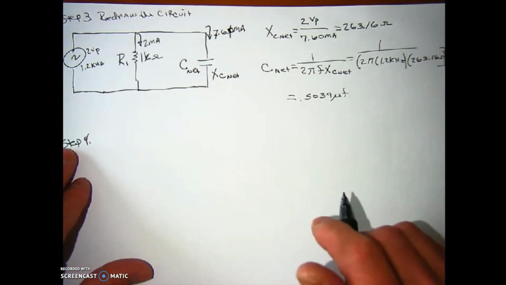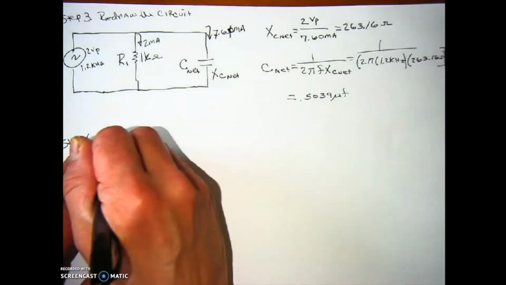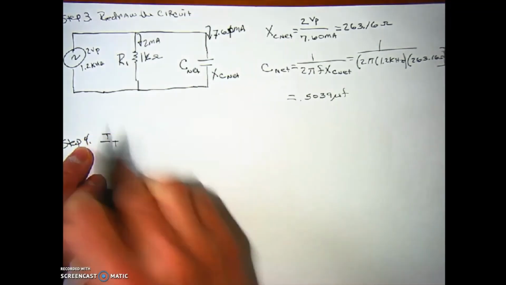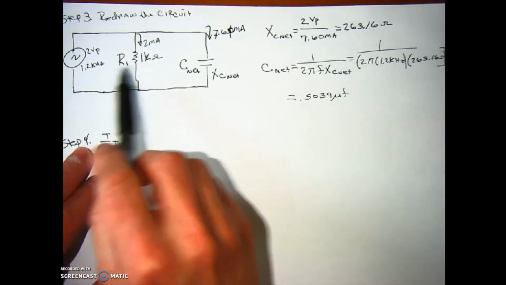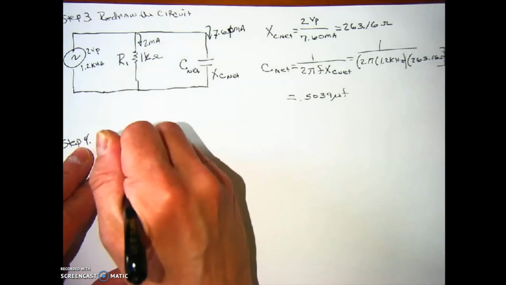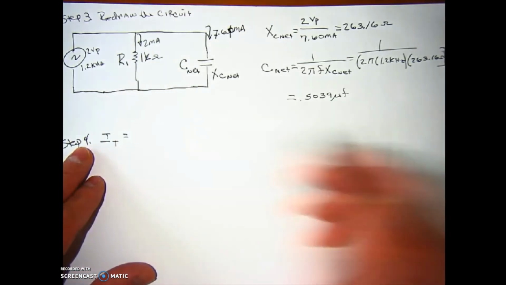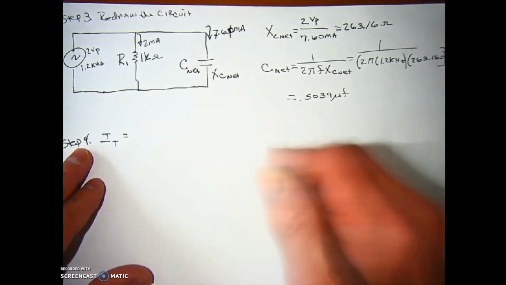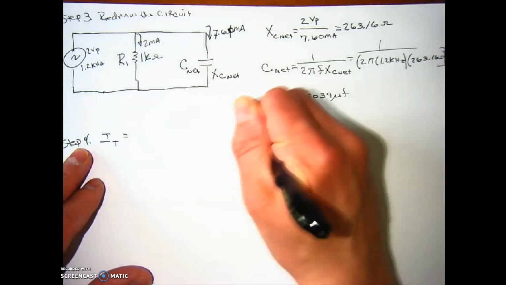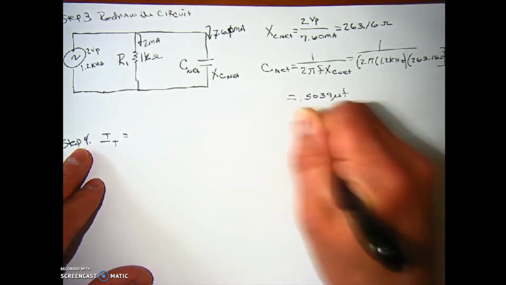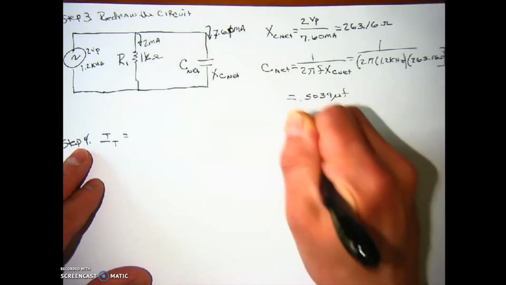Step 4 is actually going to require us to find I total. And I total is going to be based on, because this is using some trigonometry as well as the right triangle, let me draw that out for you right over here.